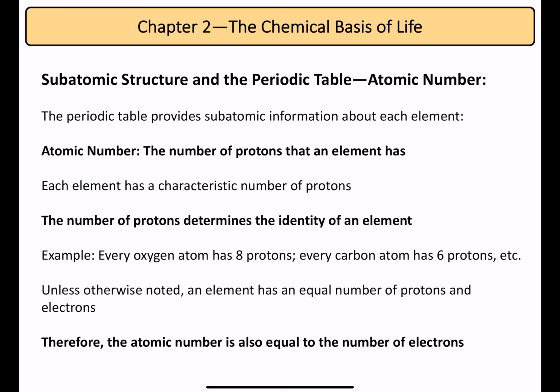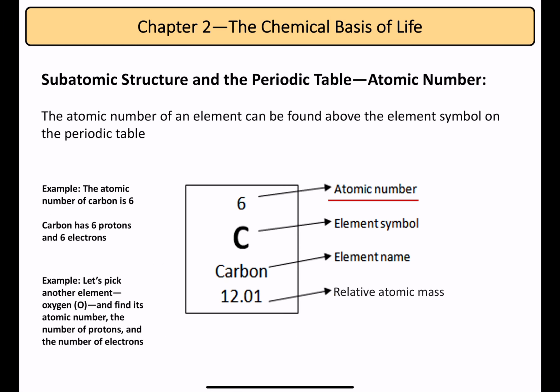But assuming that hasn't taken place, we can assume that the atomic number is equal to both the number of protons and the number of electrons. So looking again here at our example of carbon, atomic number 6, we can say carbon has both 6 protons and 6 electrons.